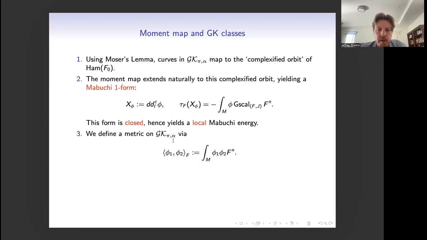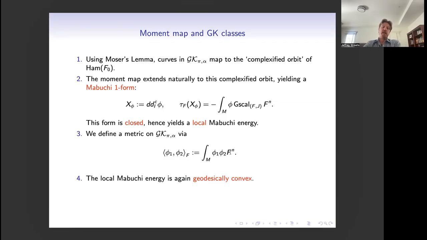Furthermore, we can define a metric on GK pi alpha at the level of potential functions as follows. Potential functions are thought of as tangent vectors to this space in the way I described before, and their inner product at the point F is just the natural L2 inner product with volume form F. So this is the analog of the Mabuchi geometry.